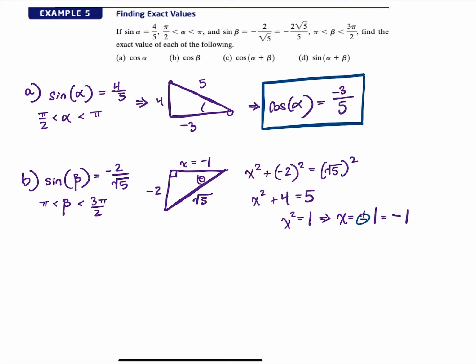Now let's use this to solve for the cosine, rather. So I can say the cosine of beta is adjacent over hypotenuse, so negative 1 over root 5. Or if we want to rationalize, this would be negative root 5 over 5, just multiplying the top and bottom by the square root of 5.